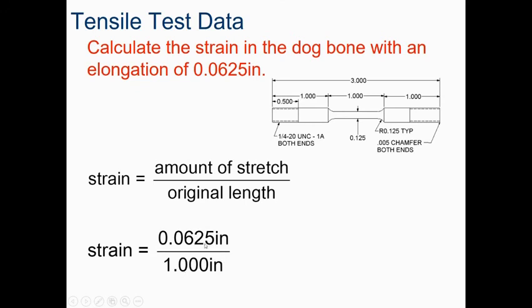I should expect a strain of 0.0625 or 6.25%. Please notice that the units on strain are either inches per inch or a percentage, where this is 0.0625 or 6.25%.